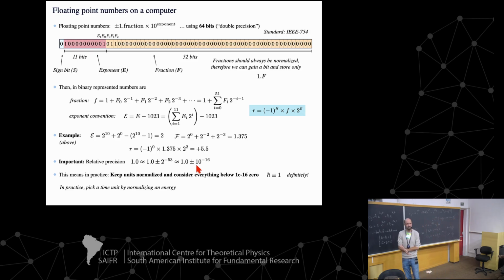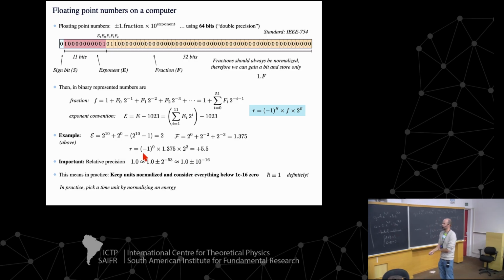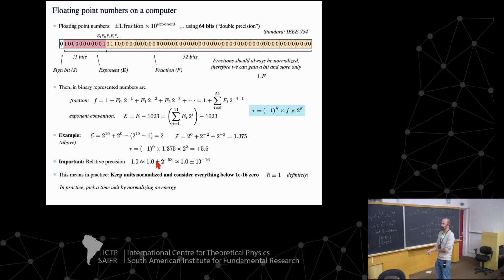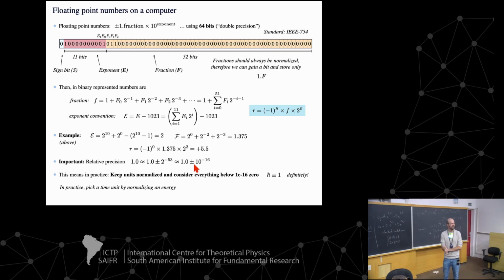And again, the best possible number I can write down is 1.0, but I can always only write it down as 1.0 plus or minus 2 to the minus 53, because here I only have 52 bits. So the error I make is always plus or minus 2 to the minus 53, which is something like 10 to the minus 16. That's what people mean when they talk about machine precision.